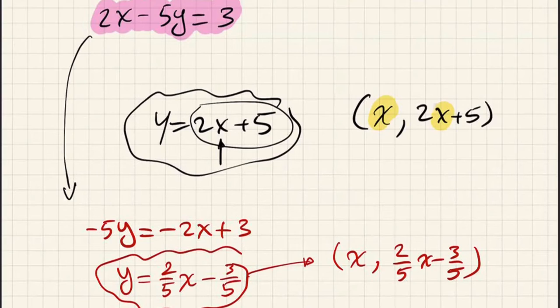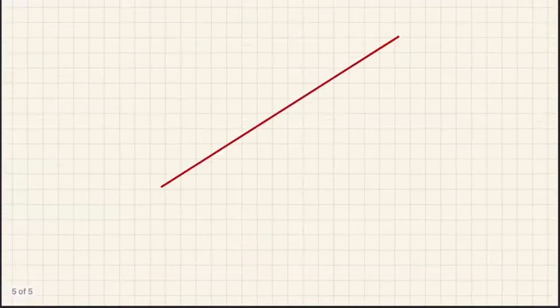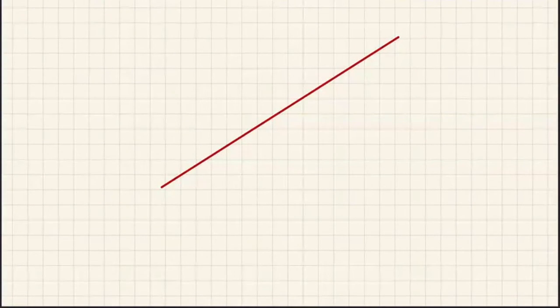So what is simultaneous in this case? Simultaneous means happening at the same time. I'm telling you that each line is a pack of points, packed together to form this straight line. What's happening at the same time is that one point satisfies both lines at the same time. Like, you have this line and you have another line.